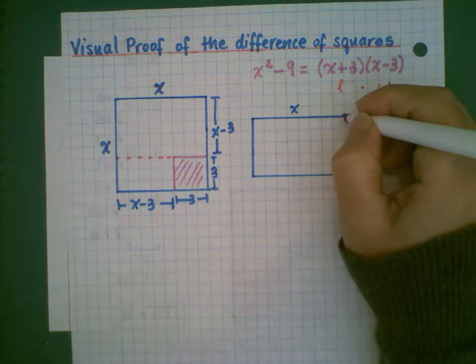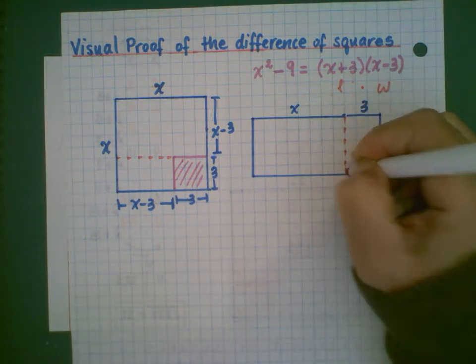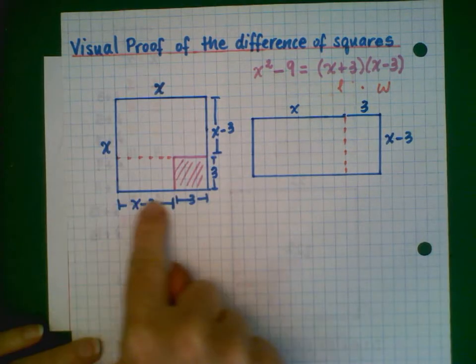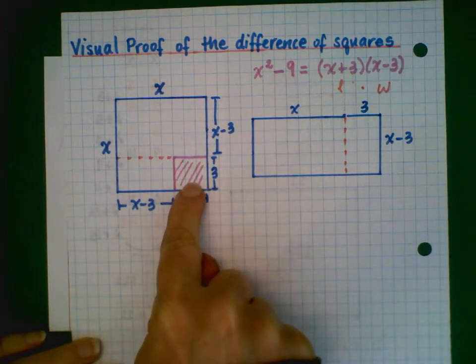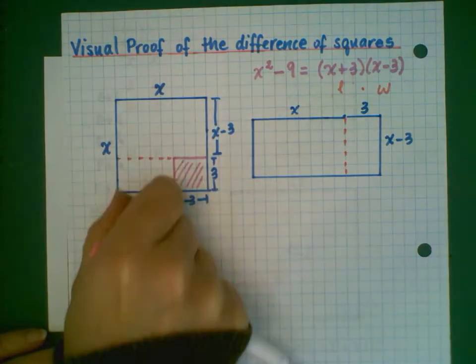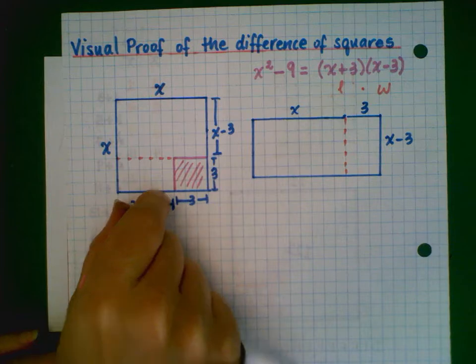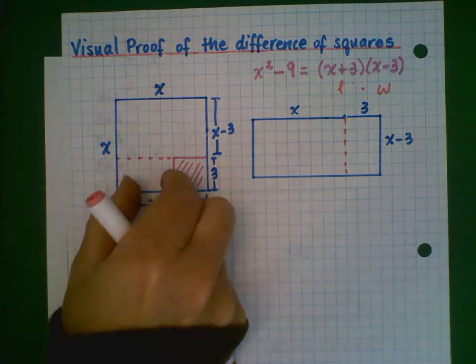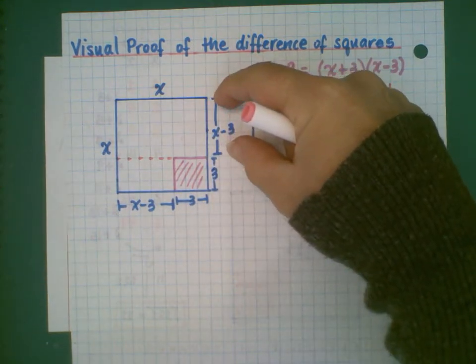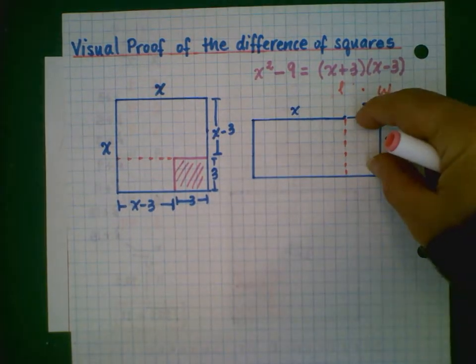And so all that I've done in this visual proof is I'm proving that the larger square minus the smaller 9 squares, the remaining squares left over, is the same amount of space as if I take that little chunk from the bottom left and move it up to the right, creating a rectangle.